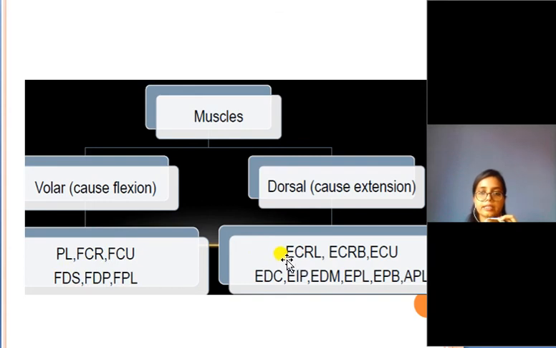For extensors: extensor carpi radialis longus, extensor carpi radialis brevis, extensor carpi ulnaris, extensor digitorum communis, extensor indicis, extensor digiti minimi, extensor pollicis longus, extensor pollicis brevis, abductor pollicis longus. So these are the muscles of the wrist joint.